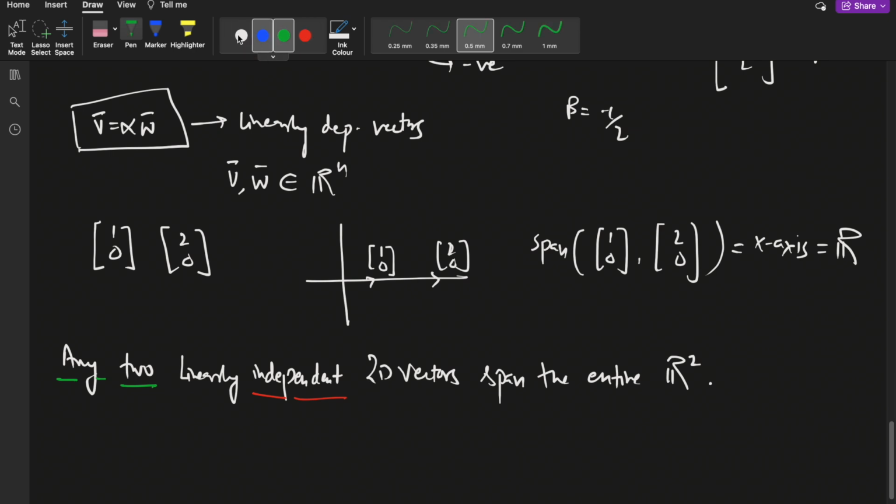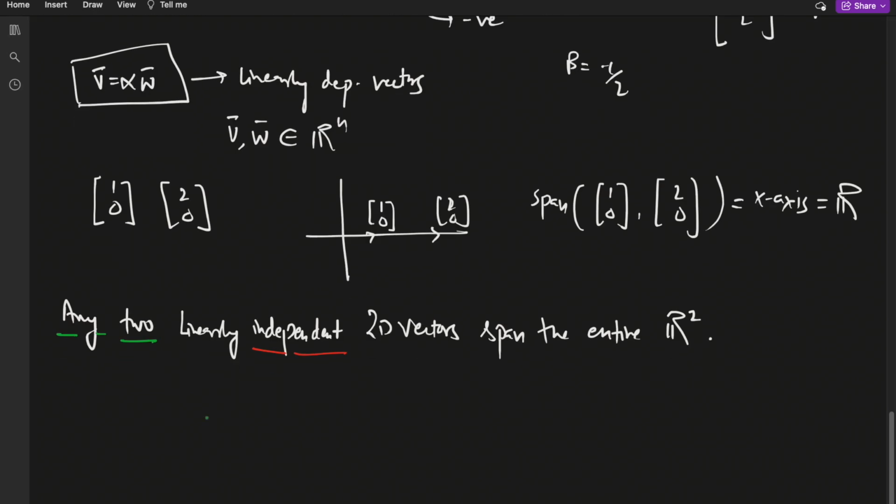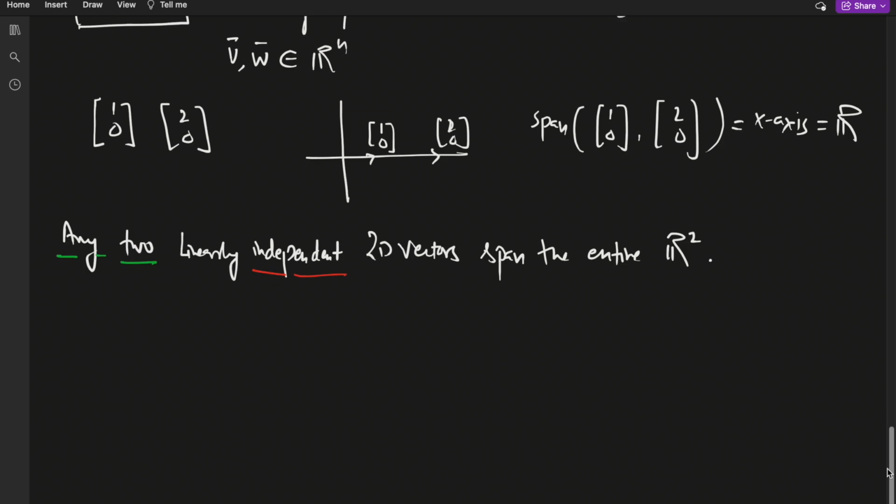All right. Now I will mention a few important points just to make sure that span is clear. After every statement, just pause and think about whether I am making sense or not. So the span of two linearly independent 2D vectors is R squared.